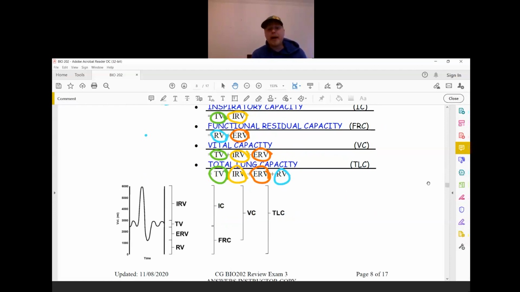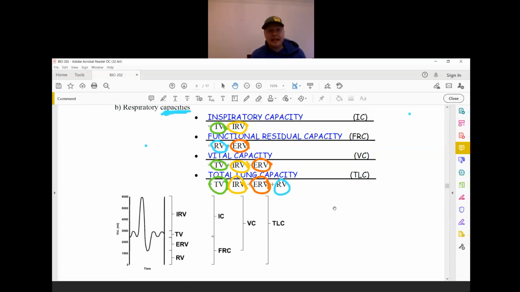So there you can see quite nicely all of these explained in this diagram. And I'll just highlight them so that it's easier for us to have a look at those.